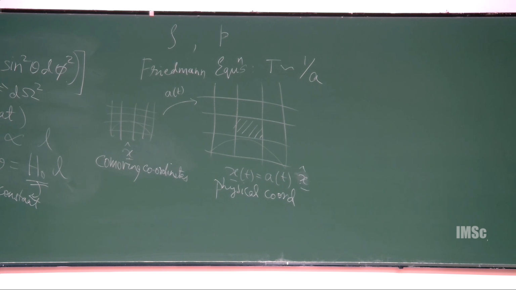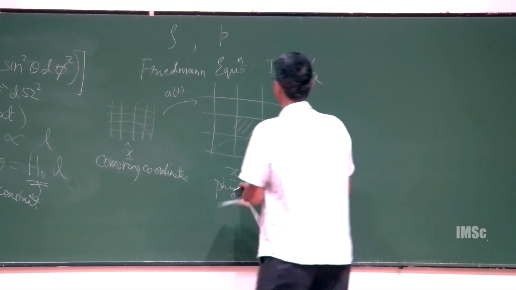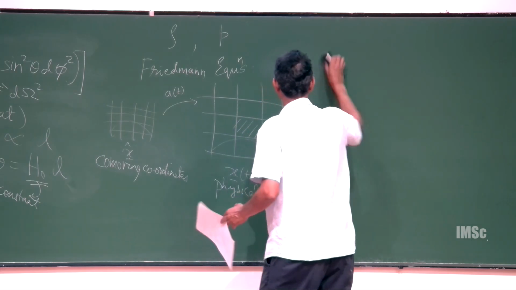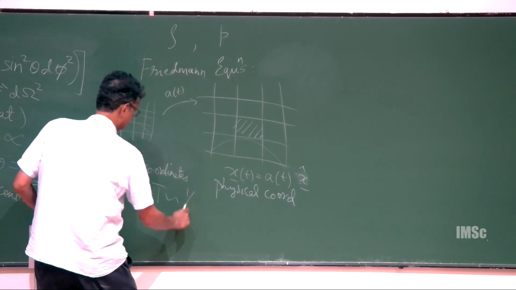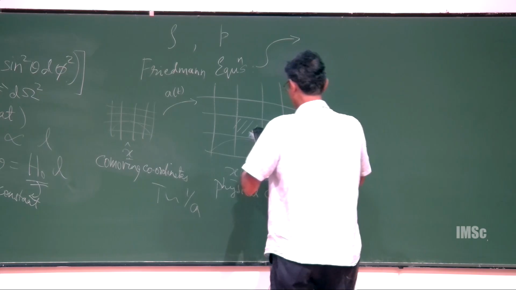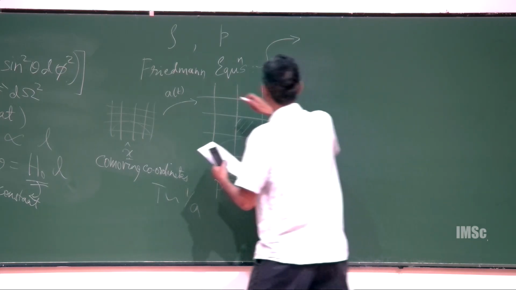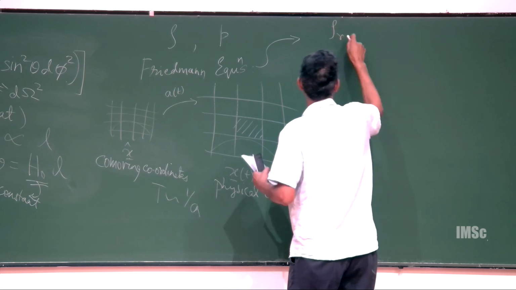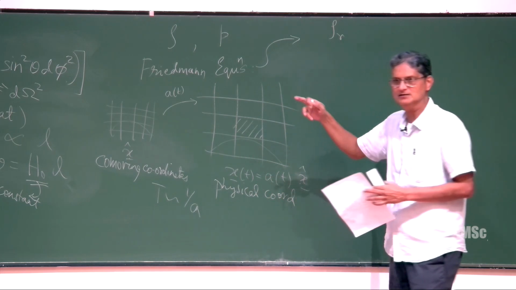So let me write down the Friedmann equation that I started writing. We will now assume that there is some radiation. I'll call it gamma or R. Luckily, gamma and R are the same symbol.